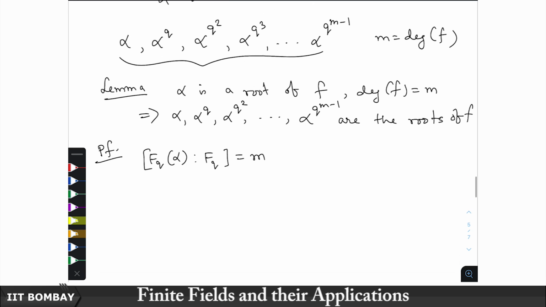So, F q power m is the smallest field in which alpha is there. Of course, in any extension field of that also alpha will be there, but F q power m is the smallest extension field of F q where alpha is there.